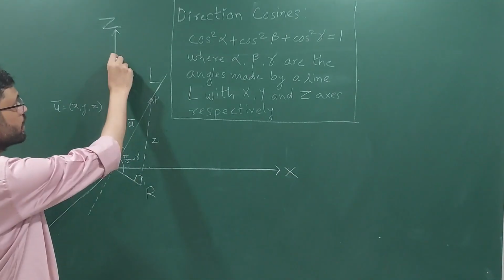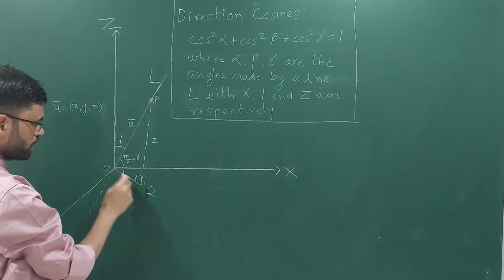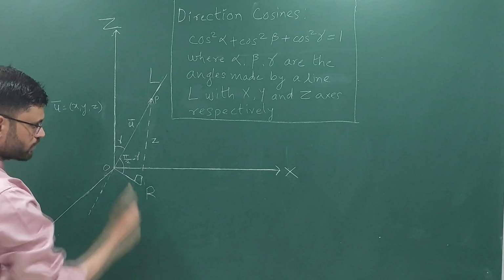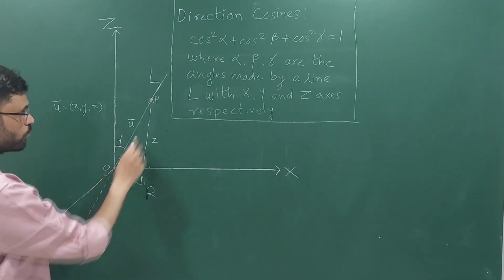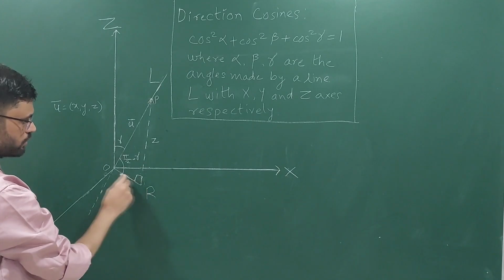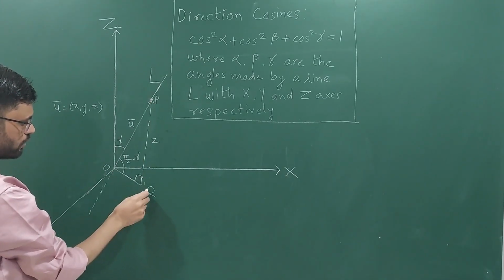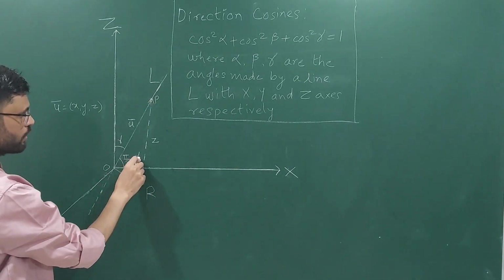The z axis makes angle pi by 2 with xy plane, and this is gamma. So this is the remaining angle, which is pi by 2 minus gamma. Now in this right angle triangle ORP, angle ROP is pi by 2 minus gamma.